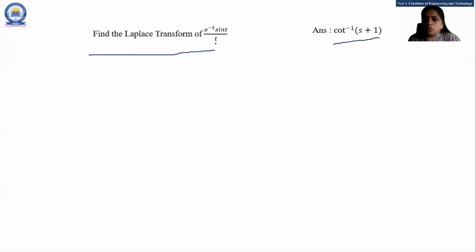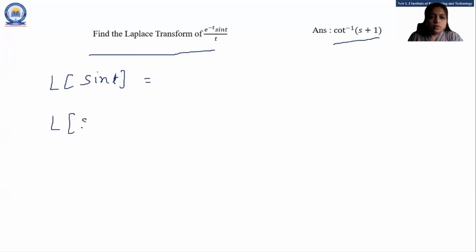So maybe you all think that first we have to find the Laplace of e raised to minus t into sine t. See, there are two ways to solve this example. First, you have to find the Laplace of sine t, right? Whatever answer you get, you have to apply the Laplace of f of t upon t.